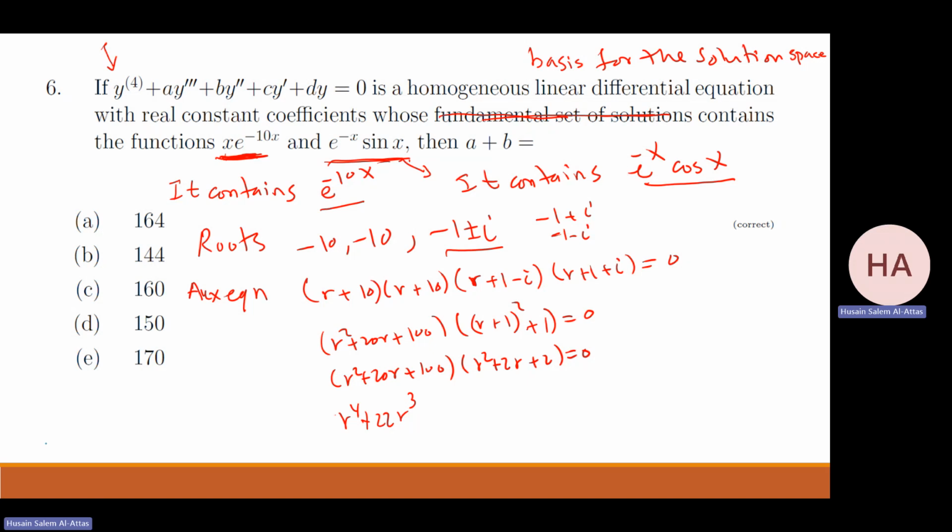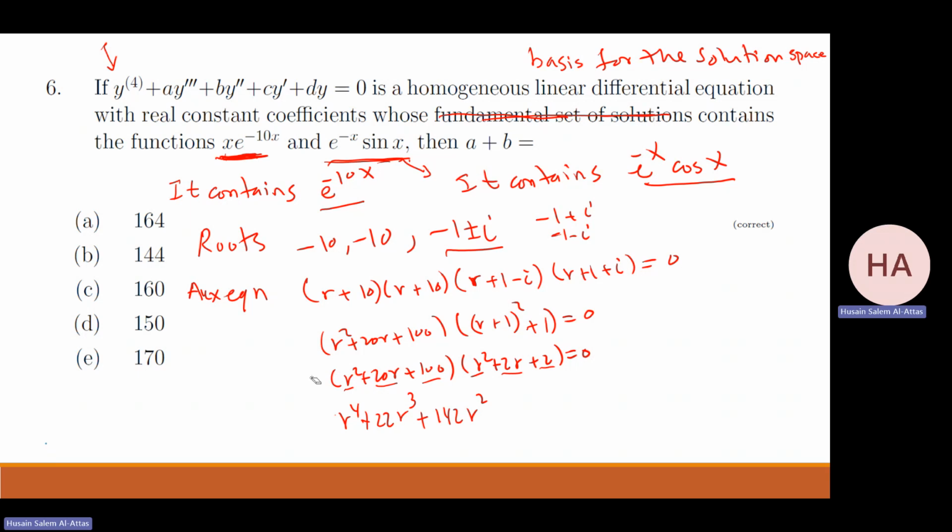What brings r squared? r squared times 2, 20r times 2r, and 100 times r squared. So it's 2 plus 40 plus 100. So it's plus 142 r squared.